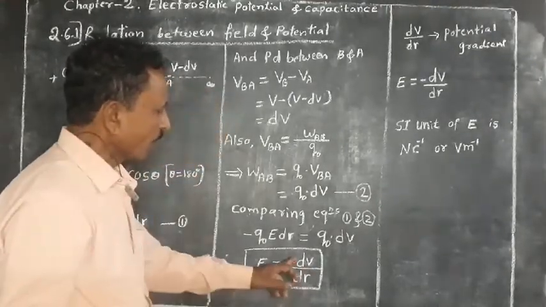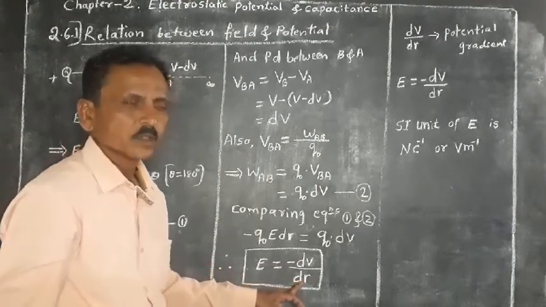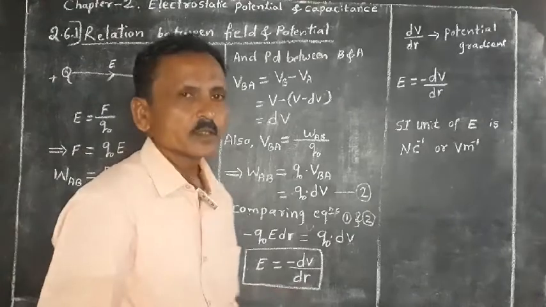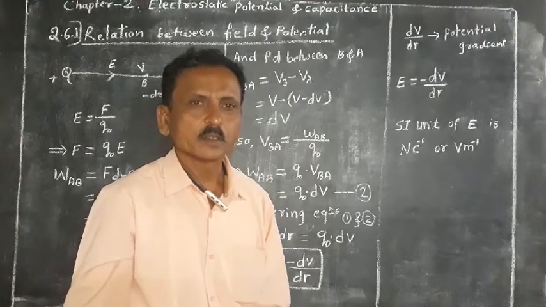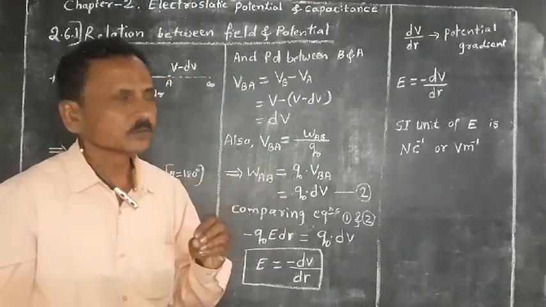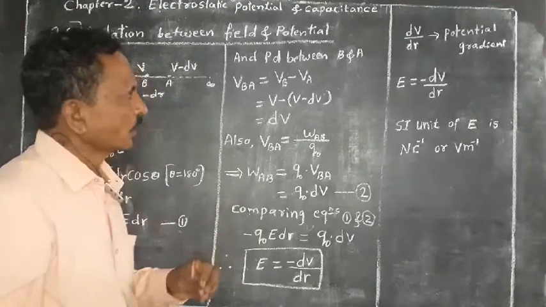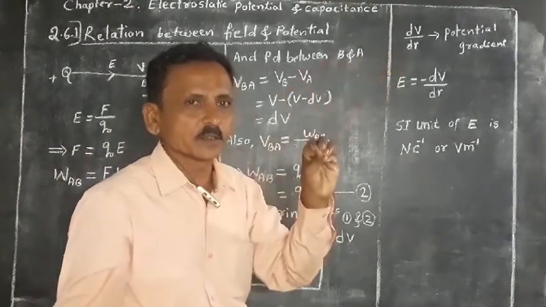Here the quantity dV upon dr represents potential gradient. Potential gradient is defined as the potential difference per unit distance.